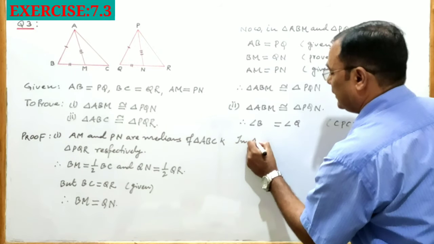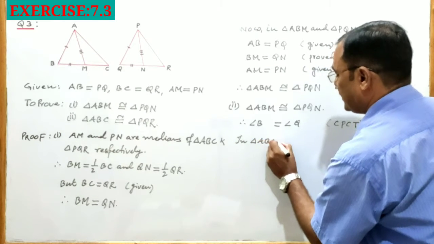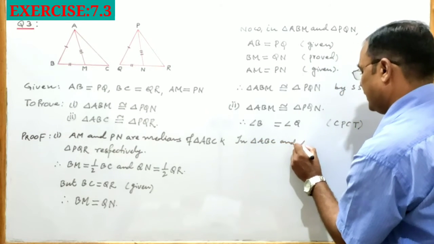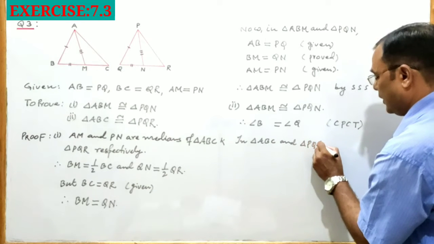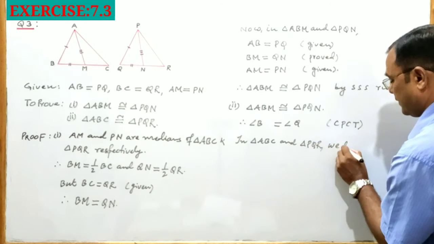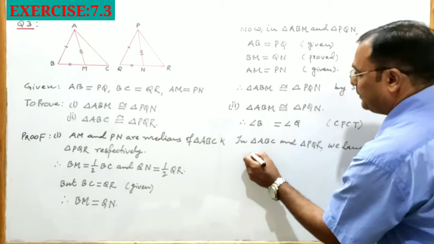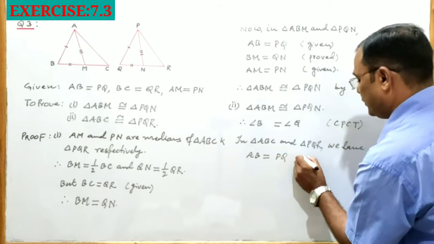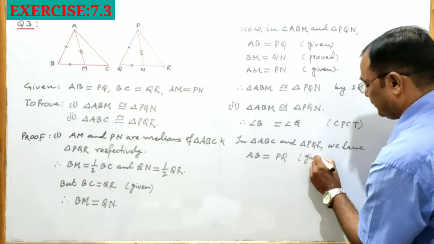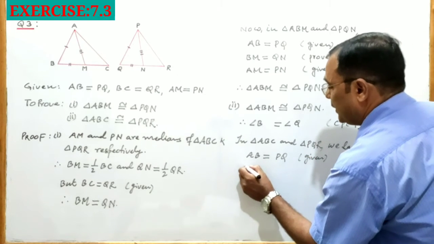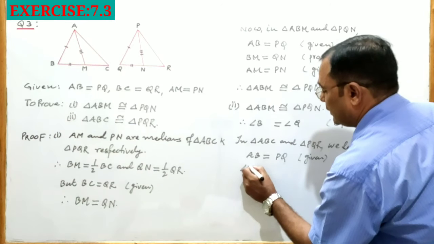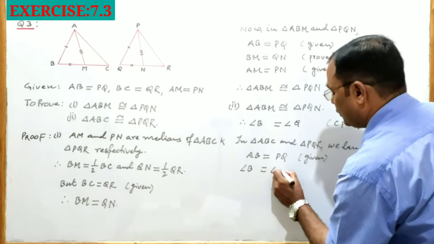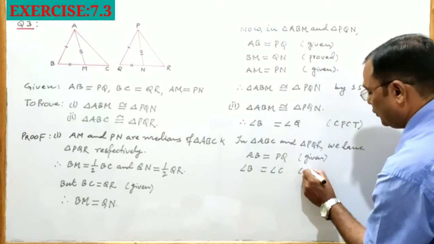So in triangle ABC and triangle PQR, we have AB is equal to PQ, given, angle B is equal to angle Q, proved above.